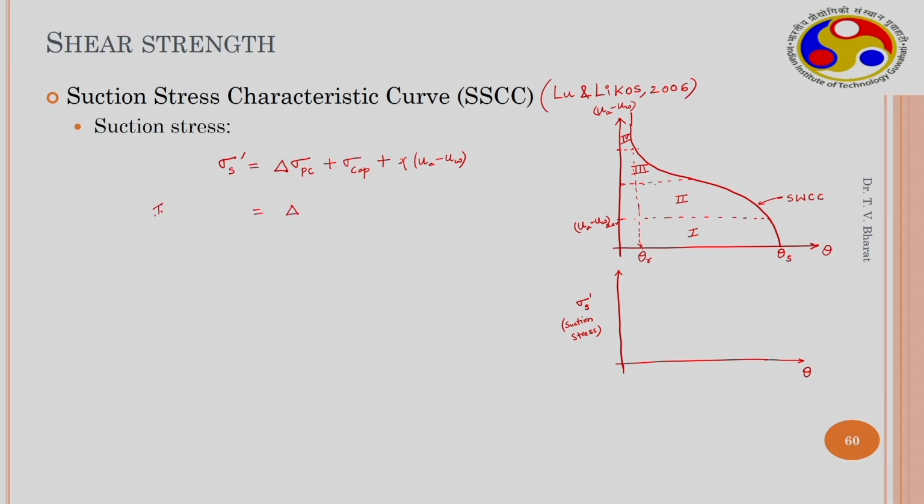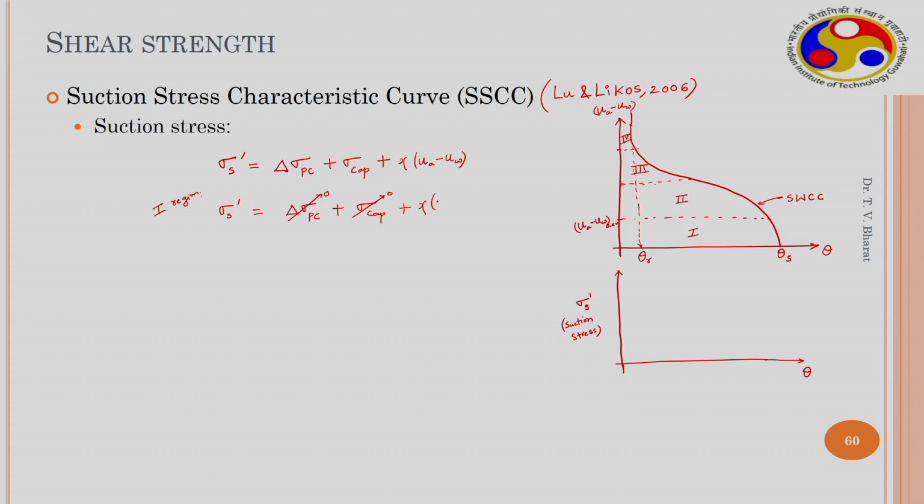For the first regime, Pc is negligible, and the capillary phenomenon is also negligible, where the water content is nearly equal to the saturated volumetric water content, or the soil is in a saturated state.